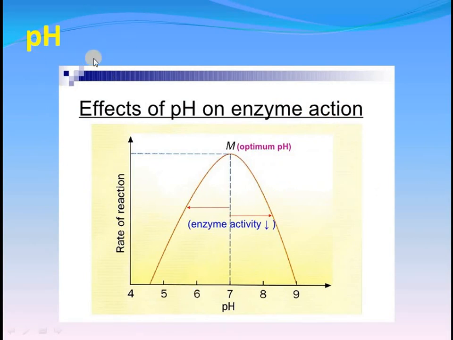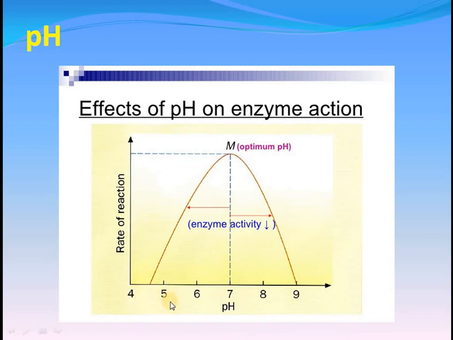Now here is the graph. On the x-axis the pH is shown: 4, 5, 6, 7, 8. We have talked about how the optimum range for most enzymes is between 6 and 8. You can see that in this range, between pH 6 and pH 8, there is a peak point, the optimum rate of reaction.